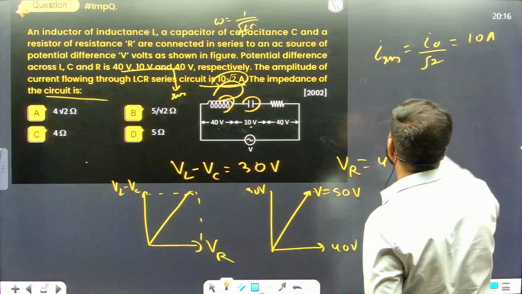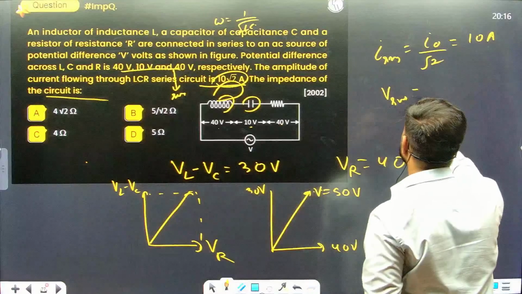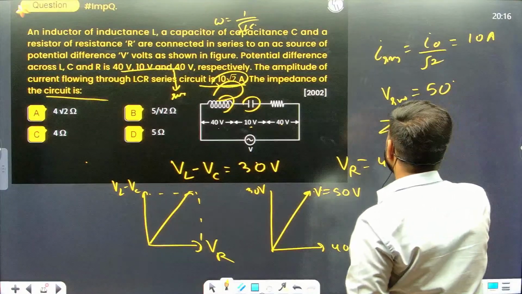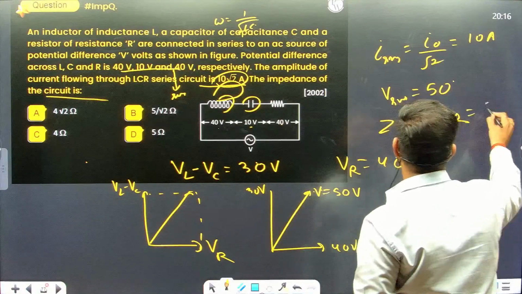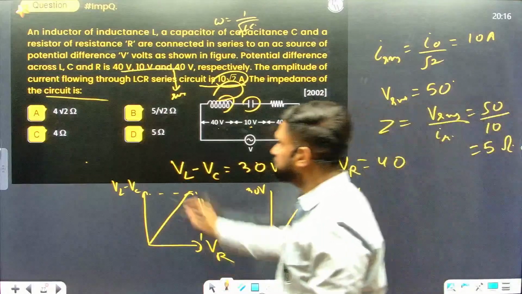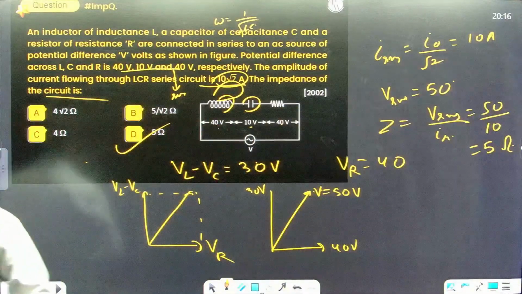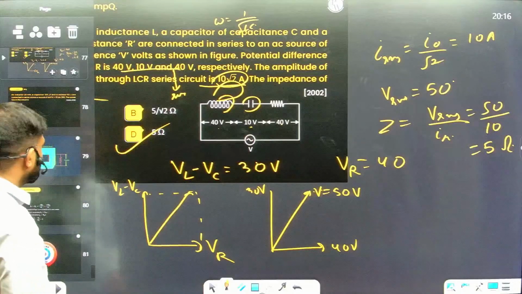So the RMS voltage of the circuit I got as 50. And for the impedance, you know what to do? Vrms upon Irms. So 50 upon 10, it is 5 ohms. Straightforward. This is how we solve the questions of alternating current AC circuits.